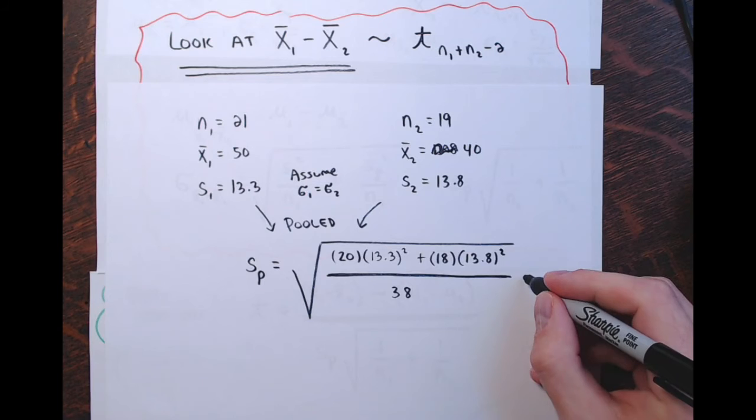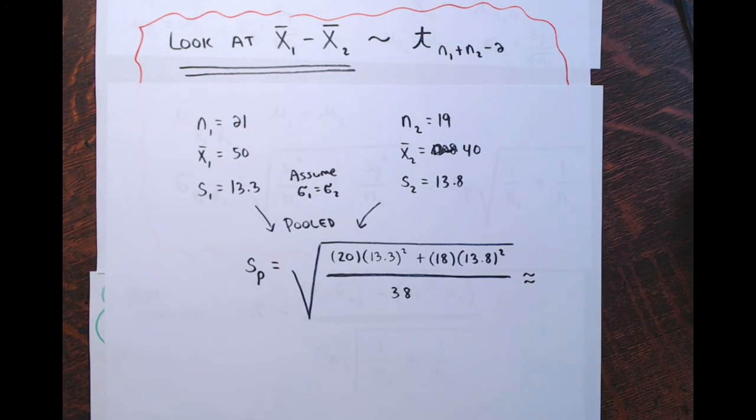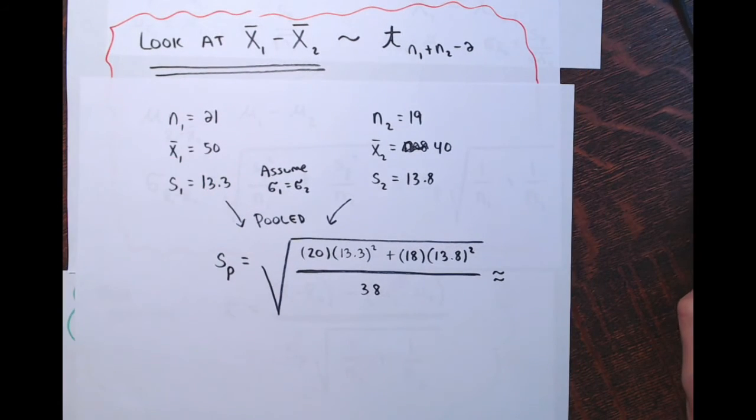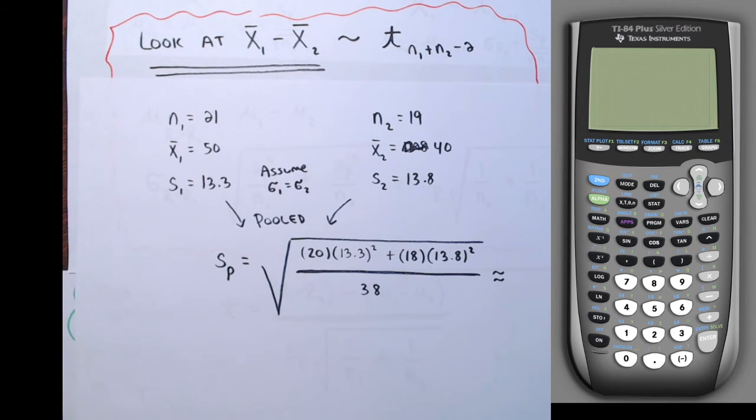Alright, now let me punch this in on a calculator. So again, square root, and then in parentheses in the numerator we have 20 times 13.3 squared, plus 18 times 13.8 squared, and close parentheses.